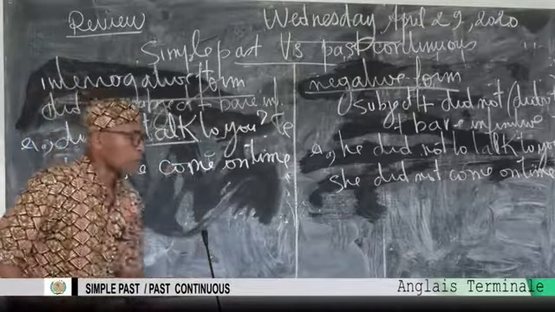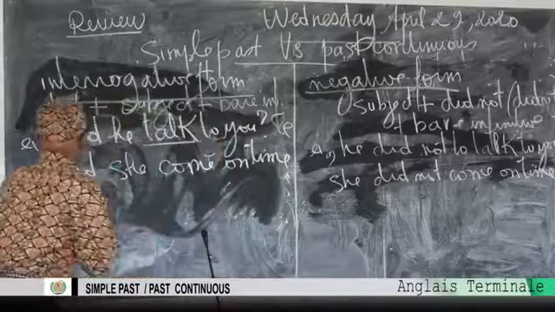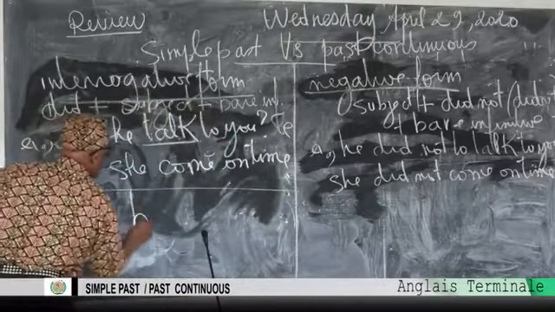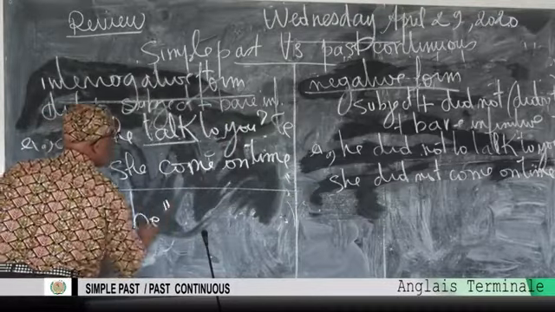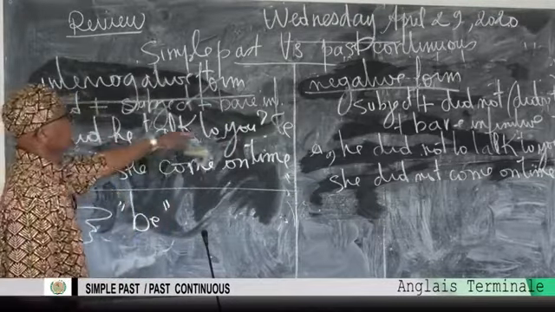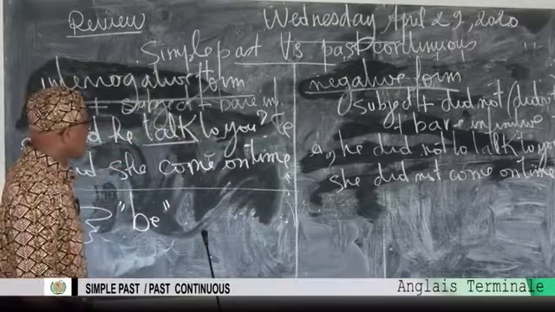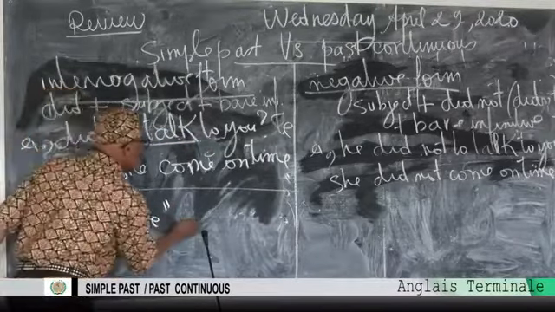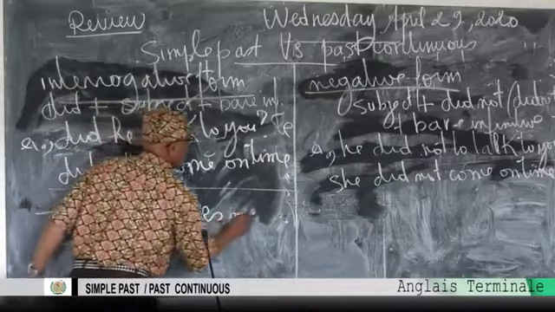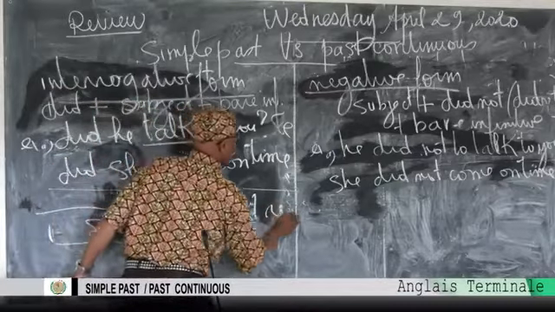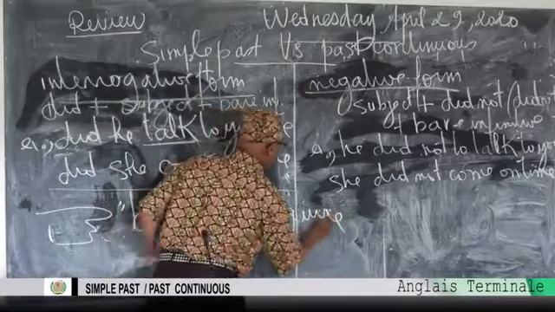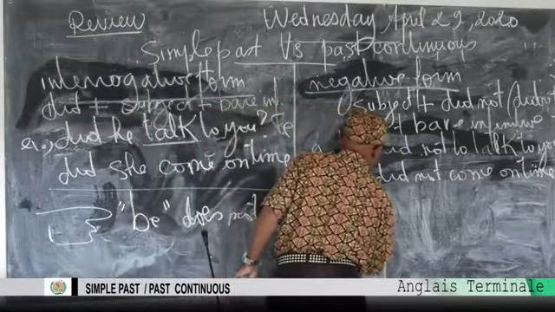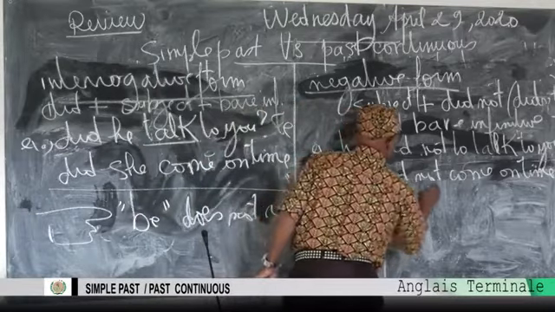Now, one thing you should bear in mind, be, which is an irregular verb, does not require this construction. You cannot say, did he be? Okay? So be does not require these constructions.